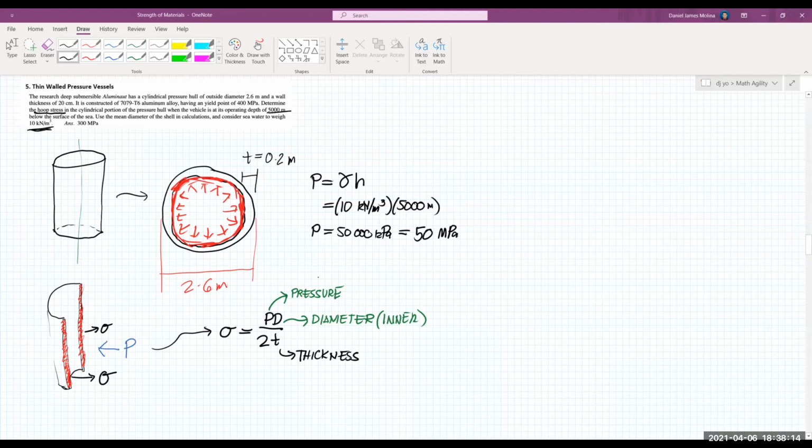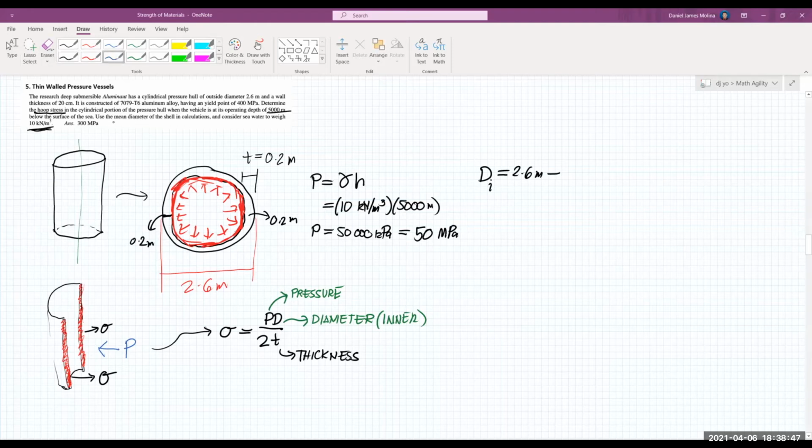And then our inner diameter is found by 2.6 meters minus what? We have 0.2 meters here and 0.2 meters here. But the problem already gives us a hint here.